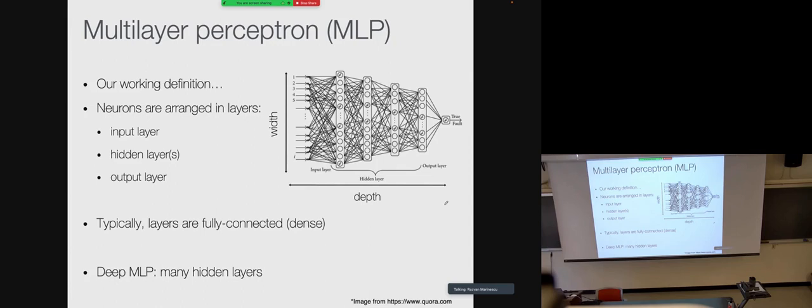Instead of having 1, 2, 3, 4, we have hundreds of layers, for example. That is a very deep network. And people have seen in the last 10 years or more that if you add a lot of depth, you can increase the complexity of the hypothesis that you can model. Then you can learn much more sophisticated functions that you couldn't learn with a shallow network.